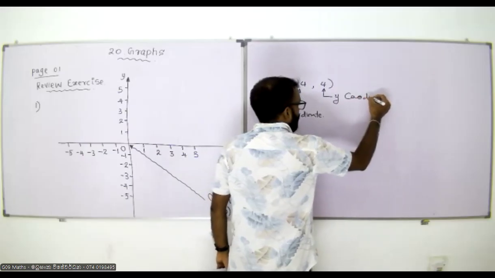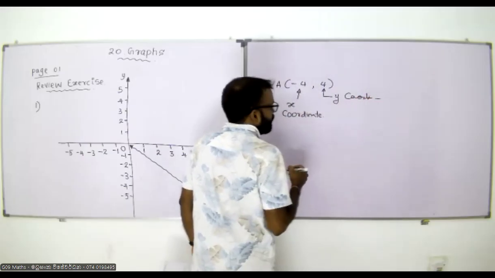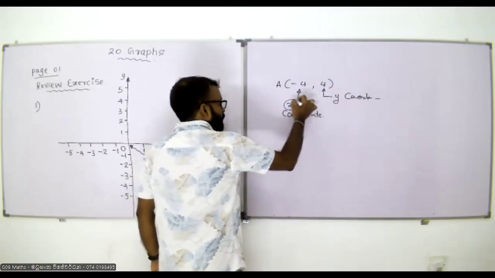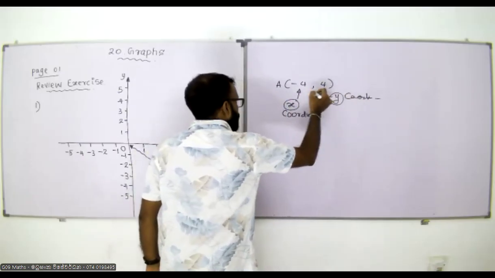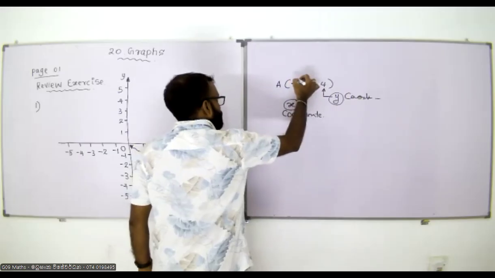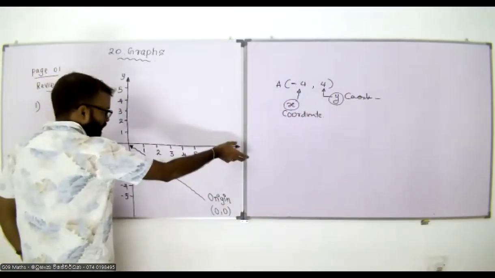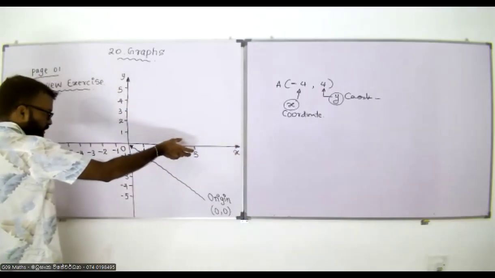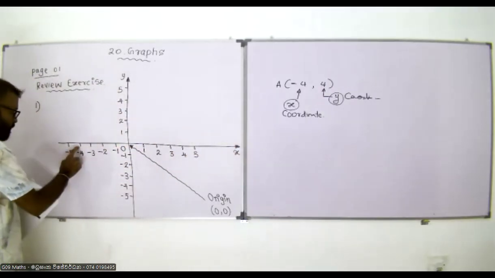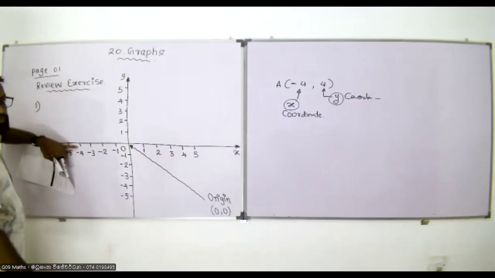So the x coordinate is -4, where I have -4 on the x-axis. X coordinate -4 is here.